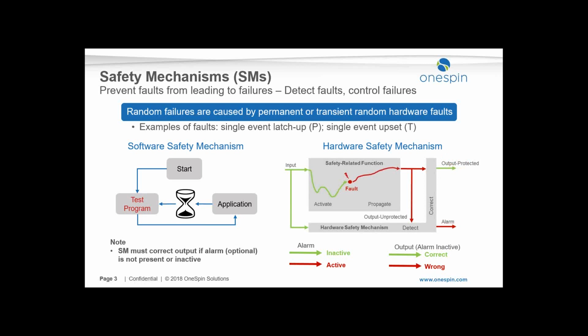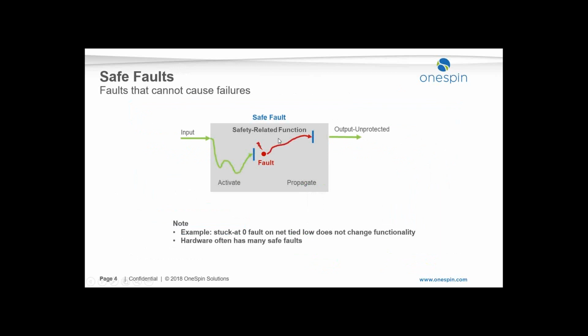So let's see what types of faults we need to consider when we do ISO 26262 safety analysis. So one category of faults are safe faults. These are faults that cannot cause failures. For example, here we have a safety-related function, we have a fault, but for some reason, maybe there is no way to activate these faults, or there is no way that these faults will propagate to the output.